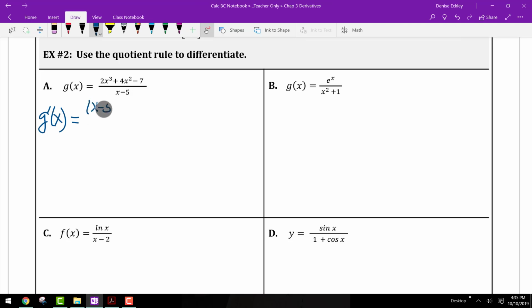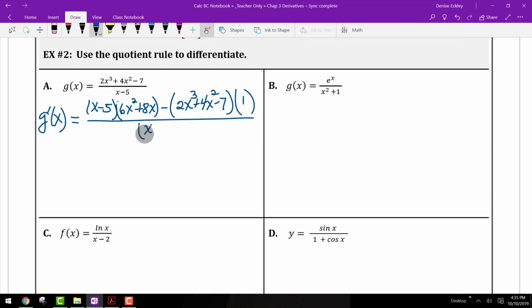So x minus 5 times 6x squared plus 8x minus the top, 2x to the third plus 4x squared minus 7, times the derivative of the denominator, which is going to be 1. This is all divided by x minus 5 squared.